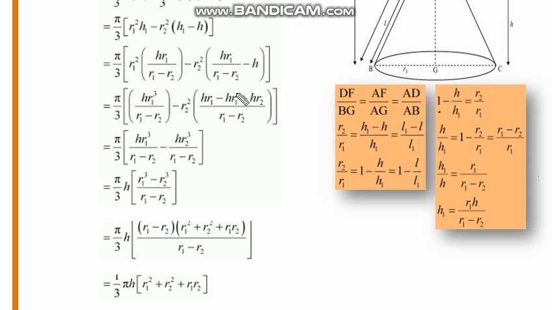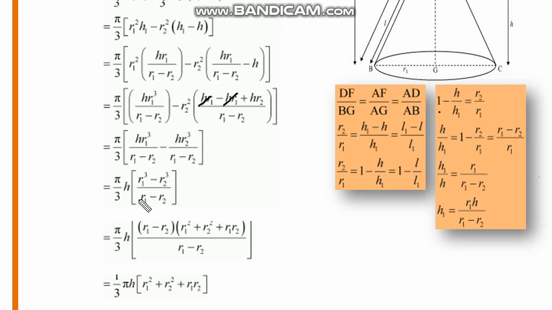Here the HR1 terms cancel, leaving HR2 and R2 square, so R2 square into R2 gives R2 cube. So we get HR1 cube divided by R1 minus R2 minus HR2 cube divided by R1 minus R2.